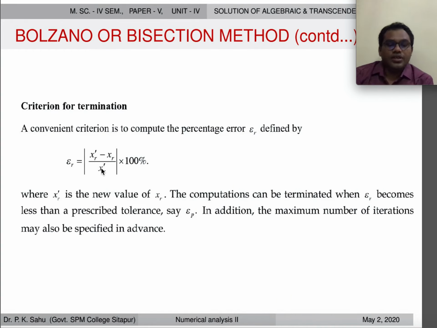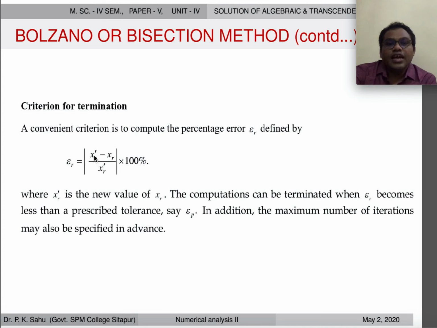So what should be the stopping criteria as we proceed with the bisection method for solving an equation of the form f of x is equal to 0? Now we will discuss the criteria for termination, or criteria for stopping. A convenient criterion is to compute the percentage error ER.